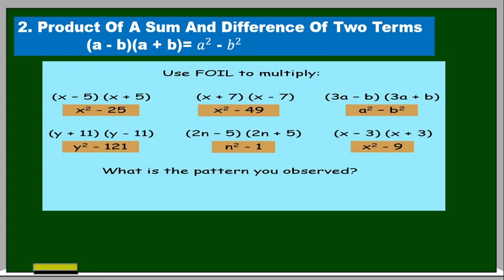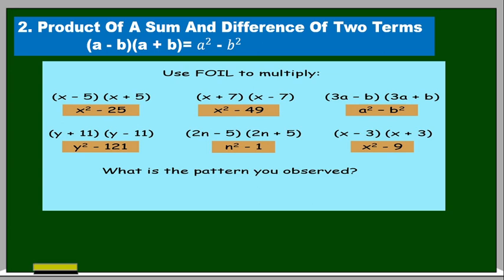Let's say this one, making use of FOIL to multiply the following: quantity x minus 5 multiplied by quantity x plus 5. The product is x squared minus 25. Same is true in the remaining examples.